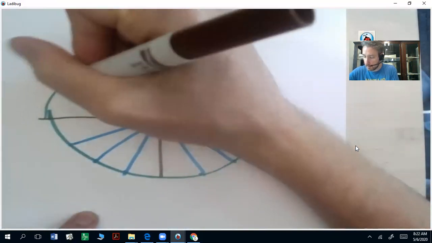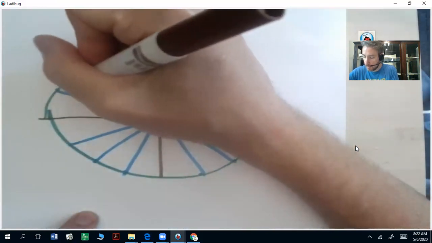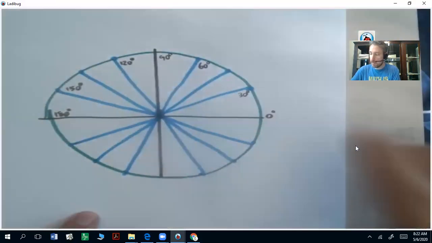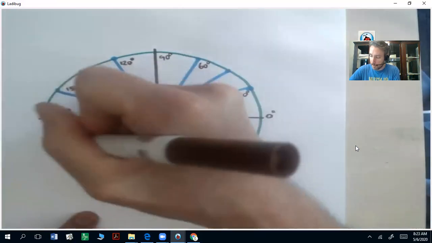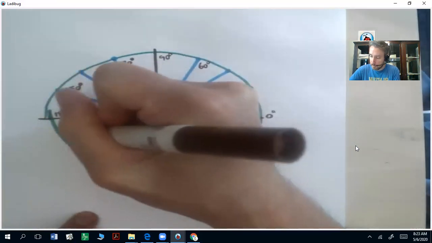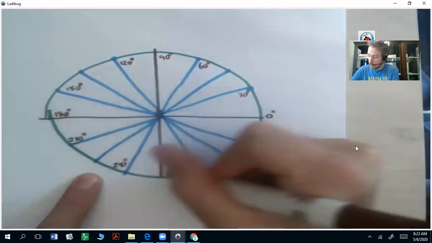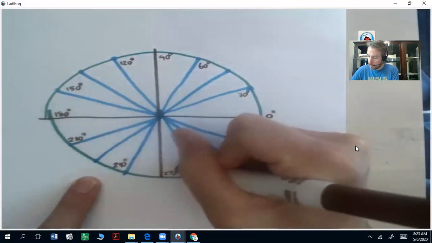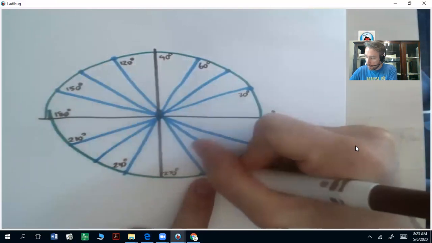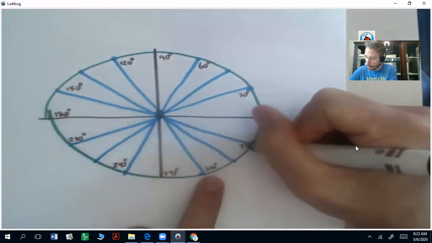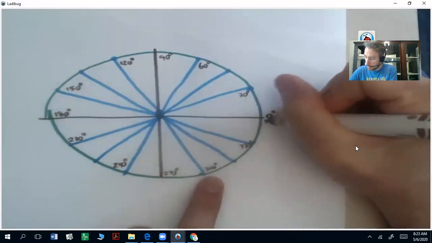Skip the middle ones. 150. 180. Counting up by 30s. 210. Skip the middle one. 240. 270. 300. 330. And of course, all the way around is 360.